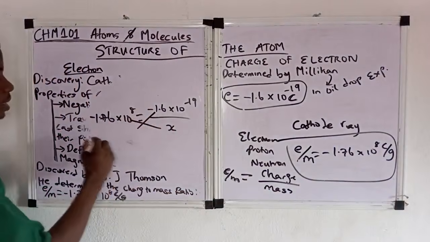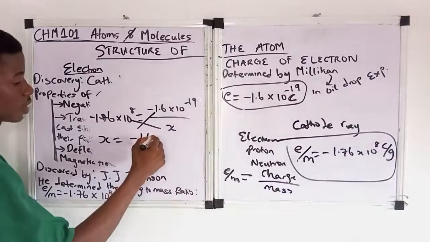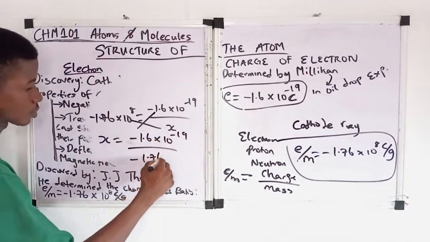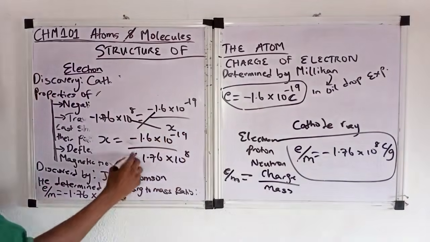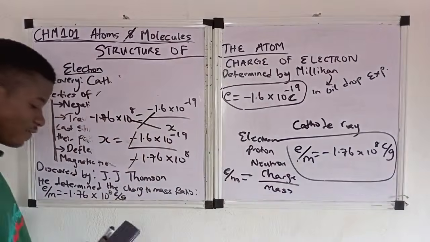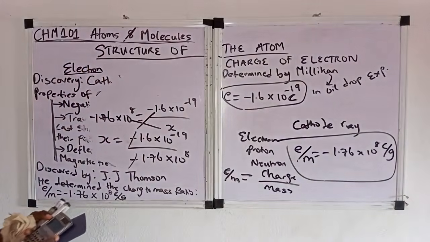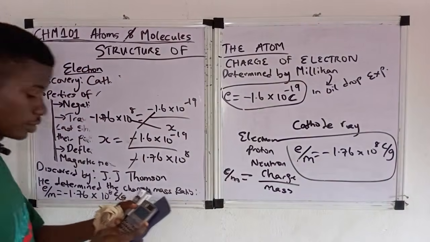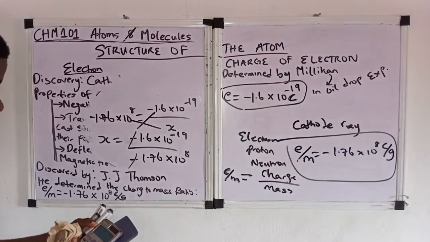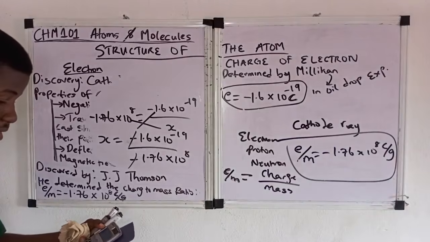If we make the mass the subject, we arrive at something like this. The negative cancels the negative. Now let's divide the two values: 1.6 times 10 raised to power minus 19 divided by 1.76 times 10 raised to power 8.